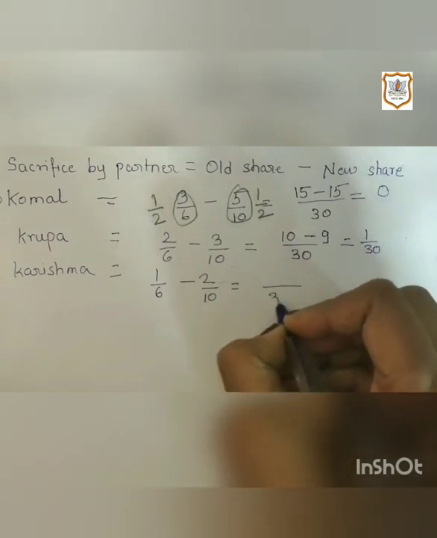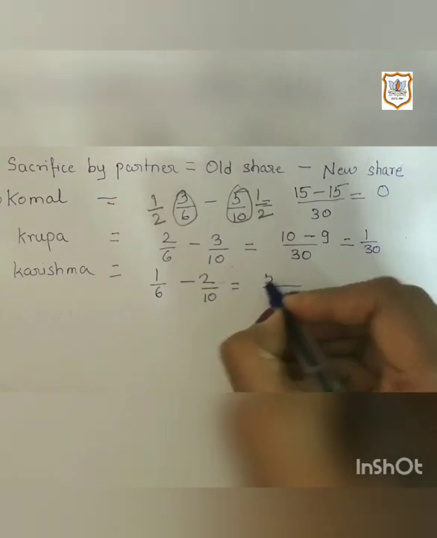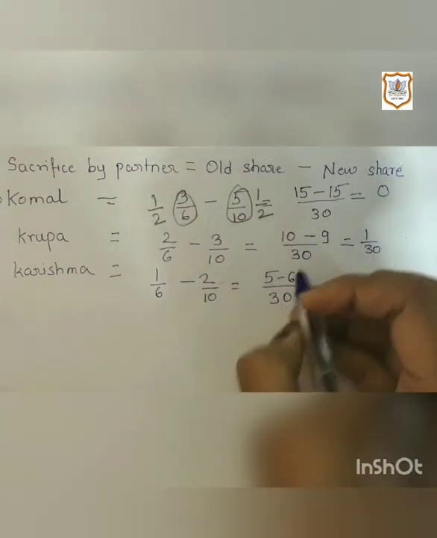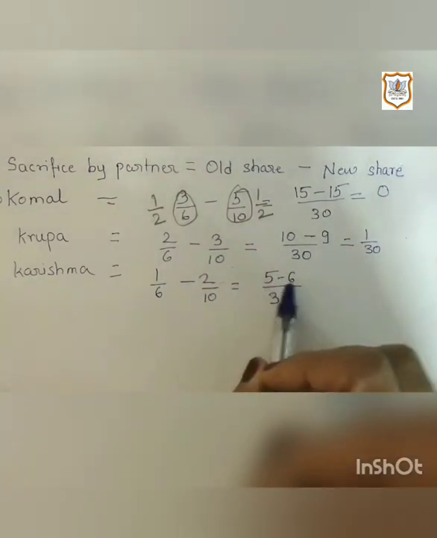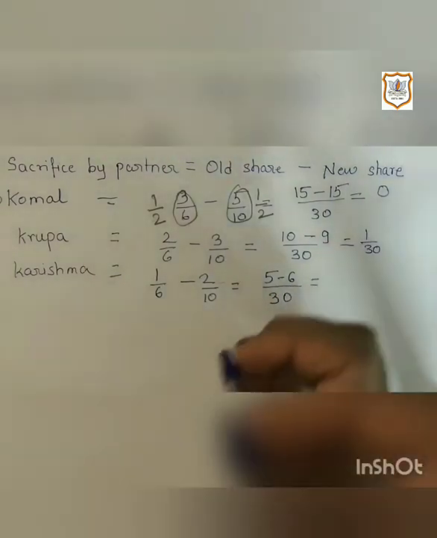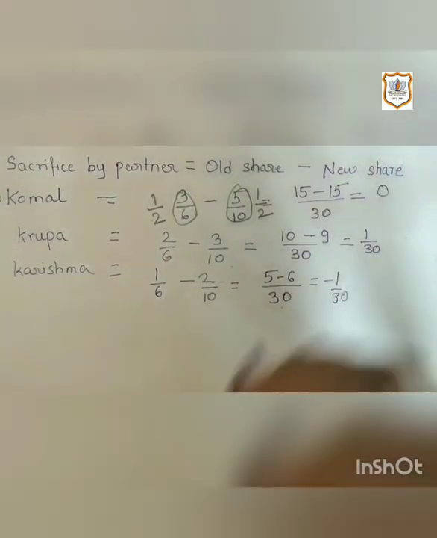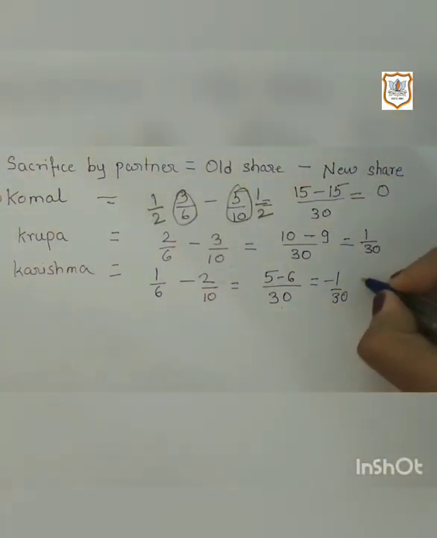By taking LCM we will get 30. So here in the numerator we will get 5 minus 6. That means minus 1 by 30. That means it is a gain.